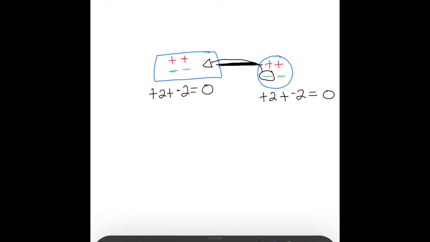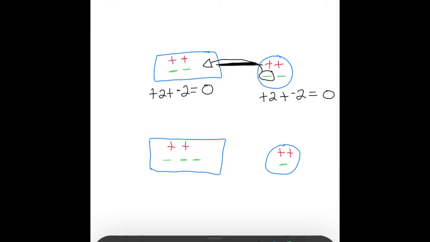And now we're going to have a problem, because we have two positive charges in the balloon, and now we have three negative charges in the box. But if we have now three negative charges in the box, what will happen in the balloon is that the balloon has two positive, but now it's going to have only one negative charge.